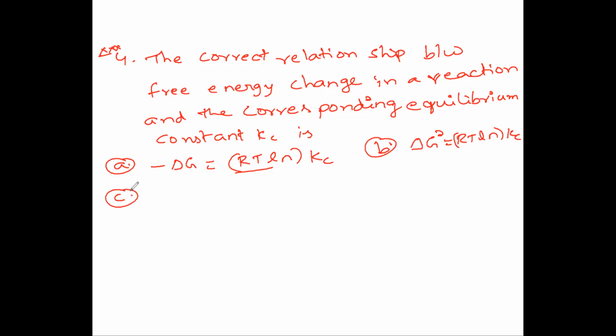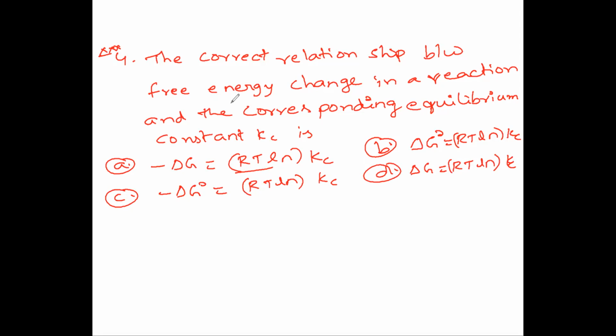Option C, minus delta G degree is equal to RT ln, natural logarithm Kc. And option D, delta G is equal to RT ln Kc.